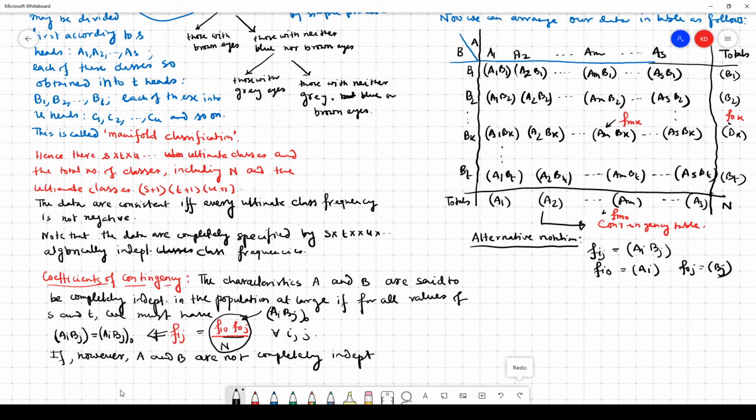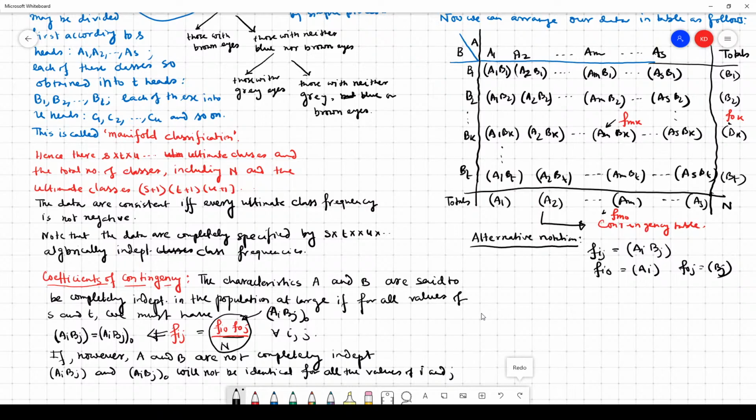Okay, so if A and B are not completely independent, then Ai Bj and Ai Bj naught will not be identical for all the values of i and j.